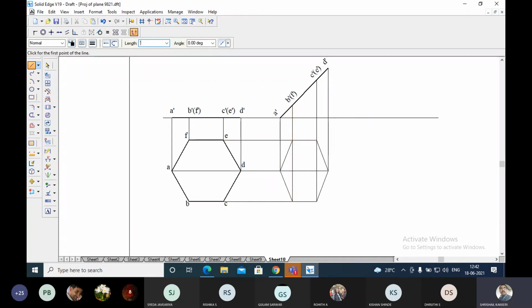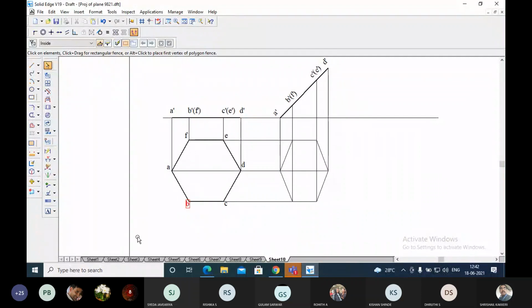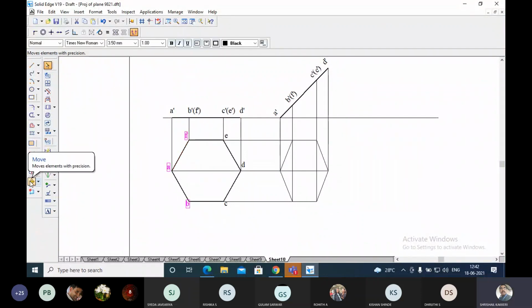Okay, now if you want, you can copy these. Hold control, copy them.